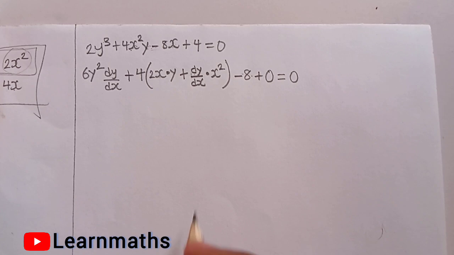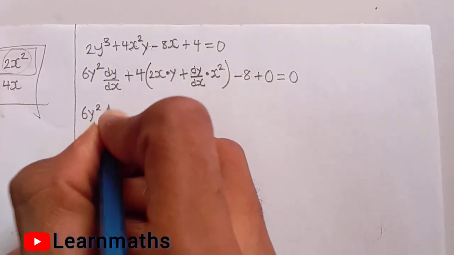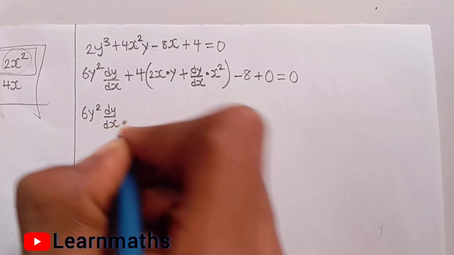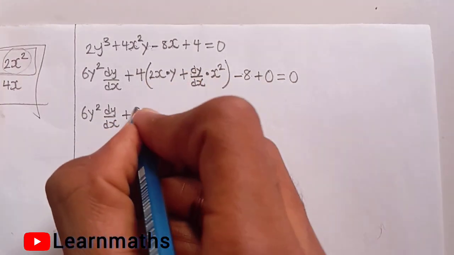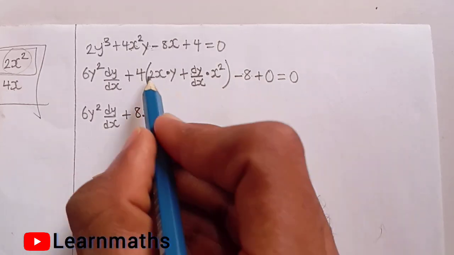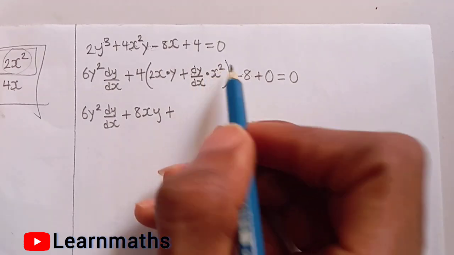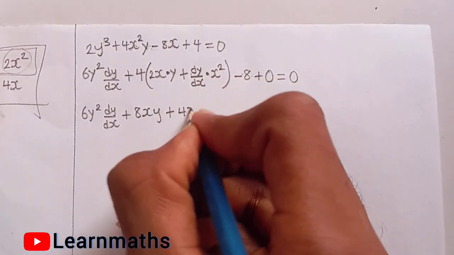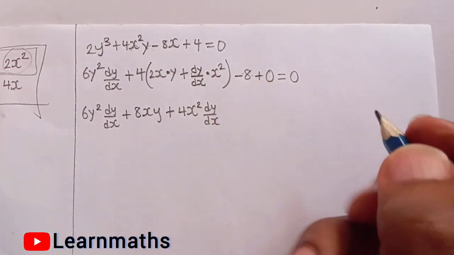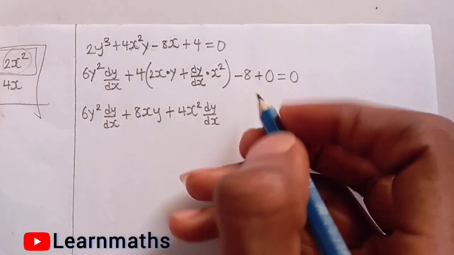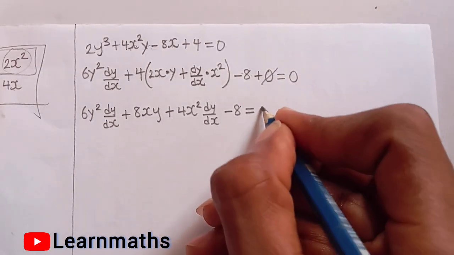Next step, we open these brackets. This gives 6y squared dy/dx plus 4 times 2, which is 8xy, plus 4 times x squared, which is 4x squared, with our dy/dx attached to it. Now the bracket is opened, we have negative 8 here, equal to 0.